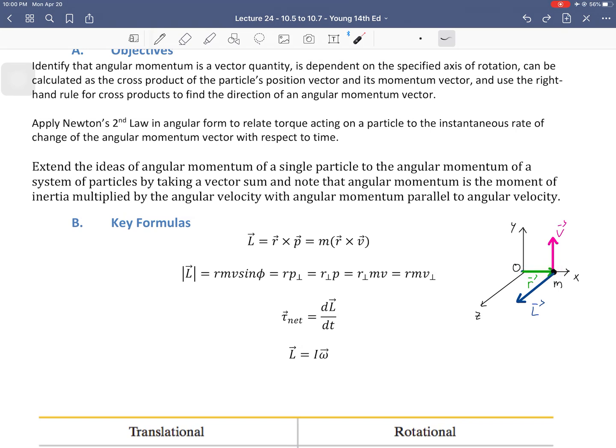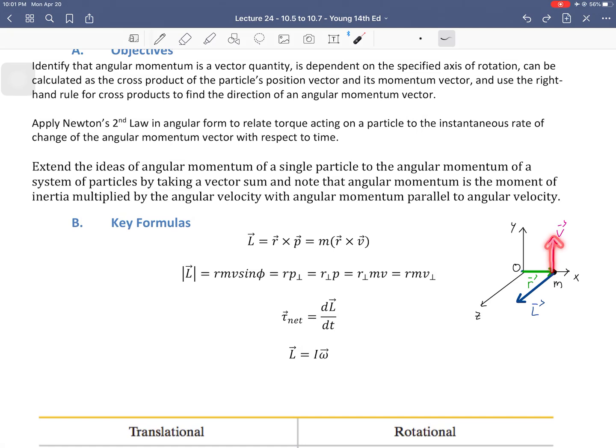So we have the moment arm, and the moment arm here just represents the displacement. I should really probably call it the displacement vector to be more general, the displacement from some origin of your choice, that's the origin that the angular momentum is relative to, to the point where your mass is located. Now that could be your center of mass, or it could be the mass of a particle, in which case the center is also the entire mass.